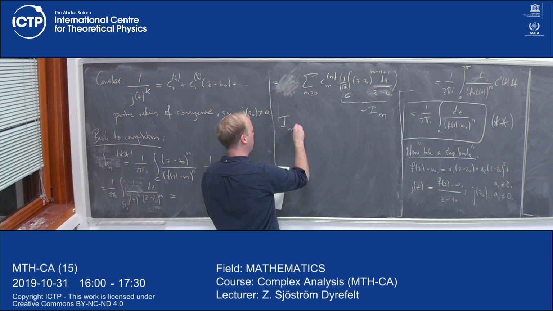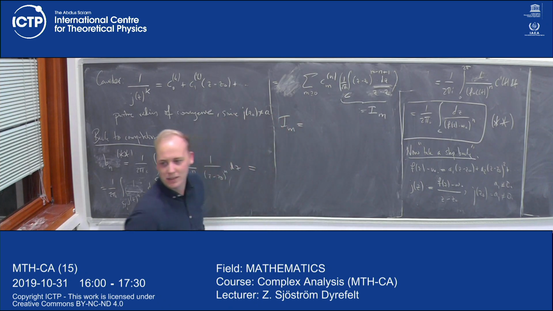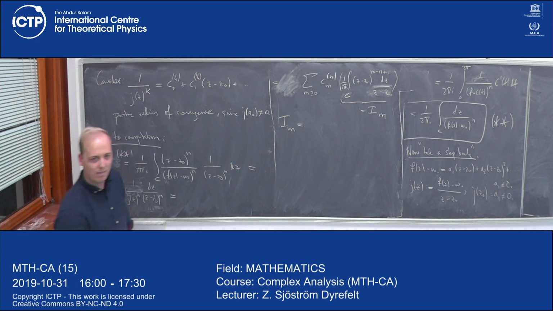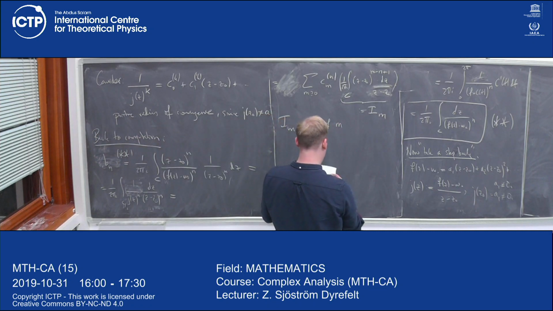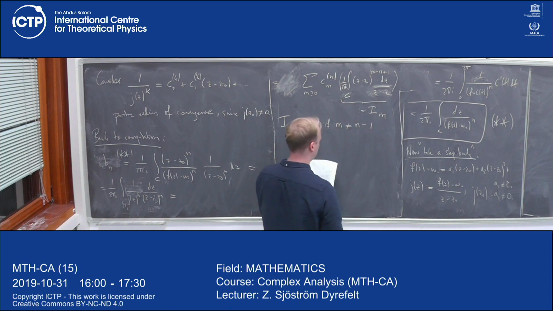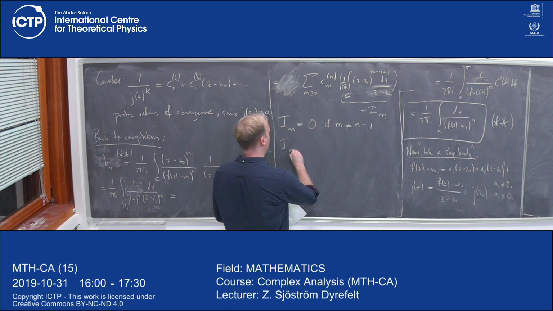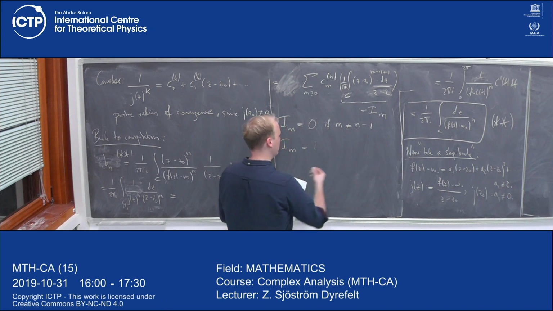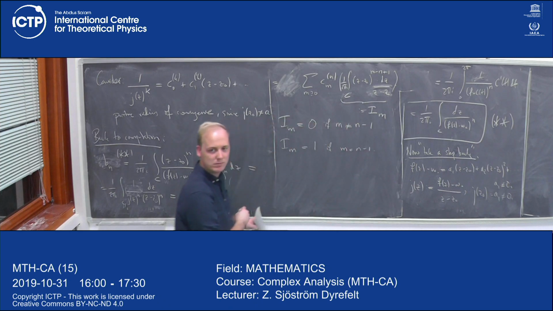So this integral is equal to 0 if m minus n plus 1 is not 0, and Im is equal to 1 if m is equal to n minus 1. Very good.